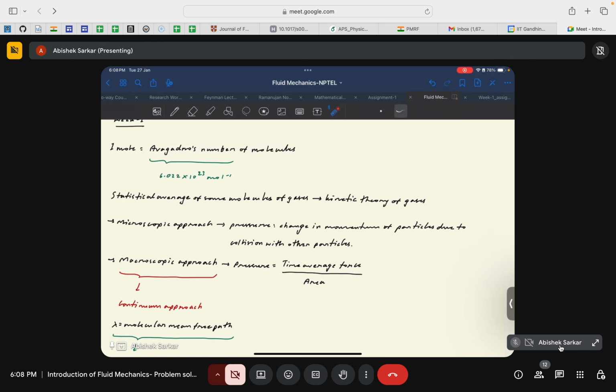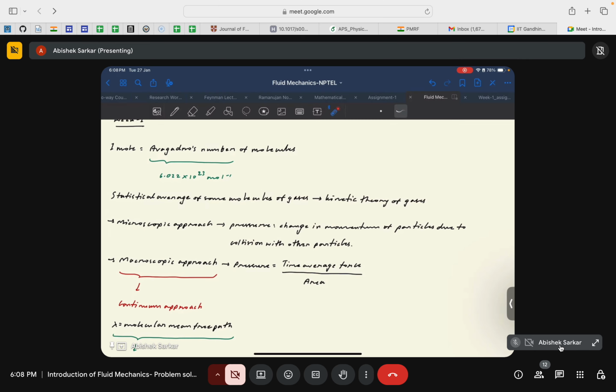If you look at the microscopic approach, as the word itself might let you know, microscopic means we are looking at fluid mechanics from a very small scale. We are understanding fluid mechanics from its molecular approach.